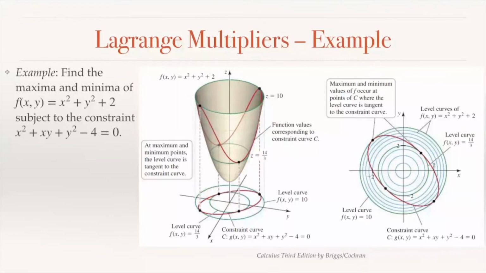This can help you see geometrically that the minima and maxima occur where the level curves of the objective function are parallel to the constraint curve. Where they're not parallel, then moving along the constraint curve in some way would increase or decrease the altitude. That's the idea behind the Lagrange multipliers.